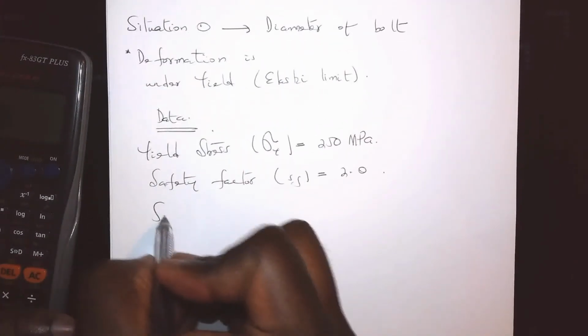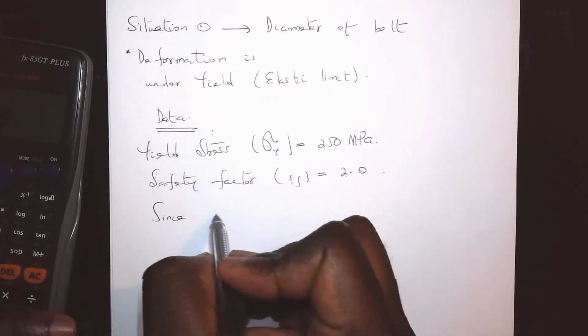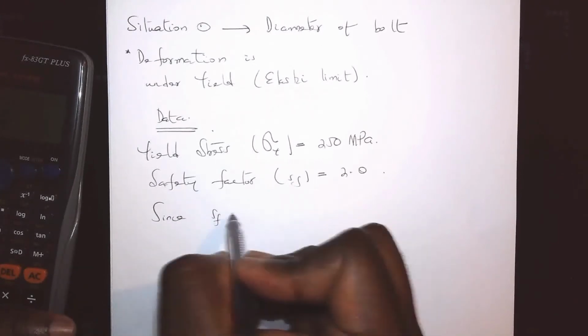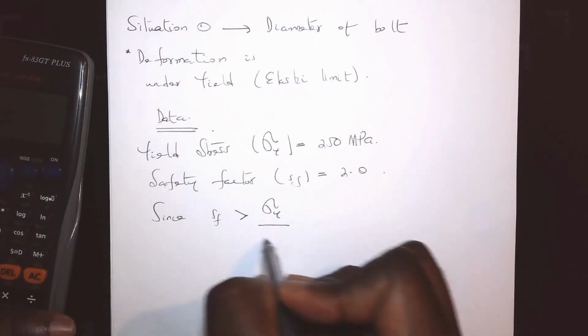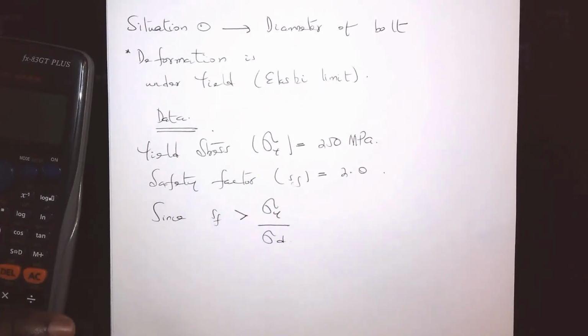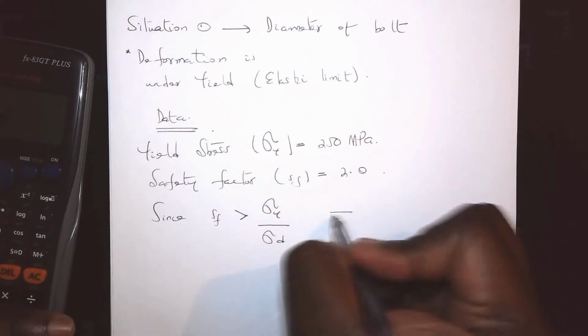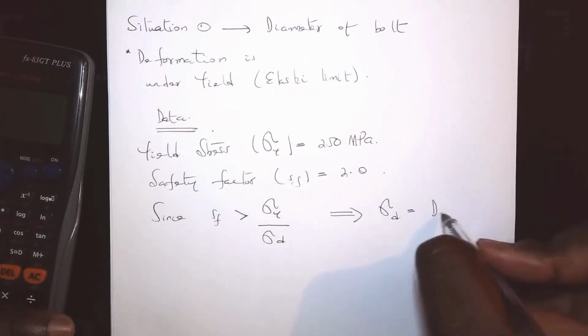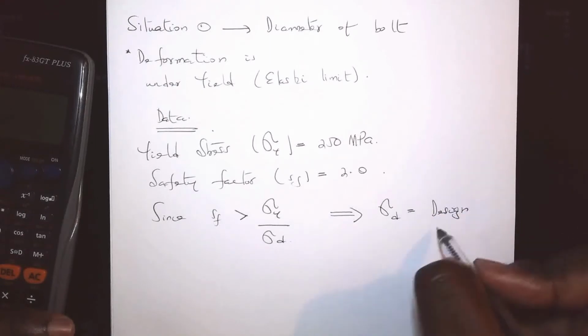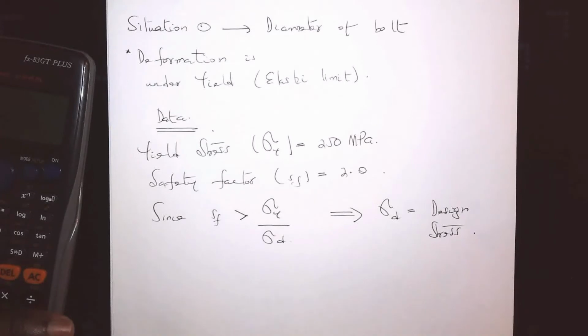Since the safety factor needs to be greater than sigma y over sigma d, and we shouldn't forget that sigma d is the design stress, you can call it the design stress limit.